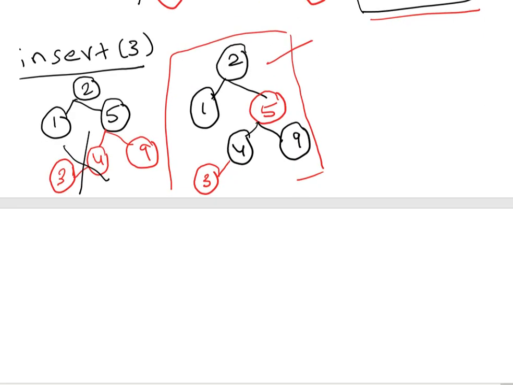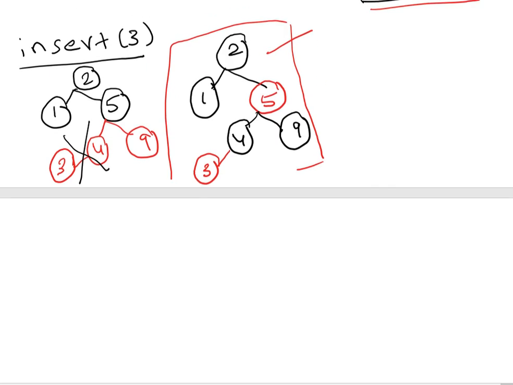I will come again, no worries. Insert 3, just listen. Once again I will come back. Now let me insert 6 into this one. Where will 6 be? Right side of 2 and then right side of 5.